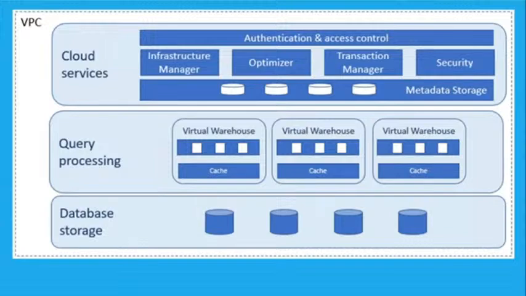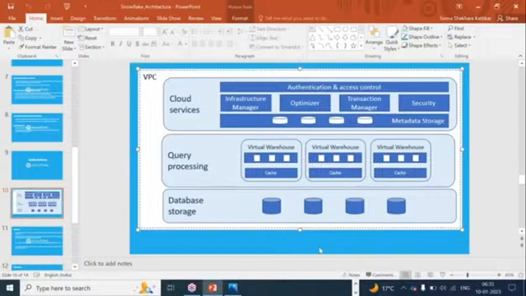You just can't see those physical devices. I will show you how to create virtual warehouses and how it looks. You need to create a virtual warehouse. It is also one of the objects, like how you create a table. So the virtual warehouse is also one of the objects in your Snowflake.